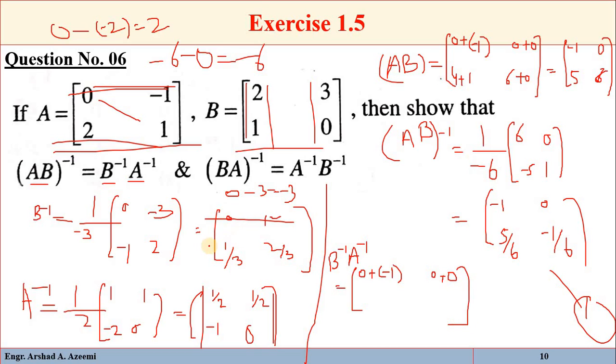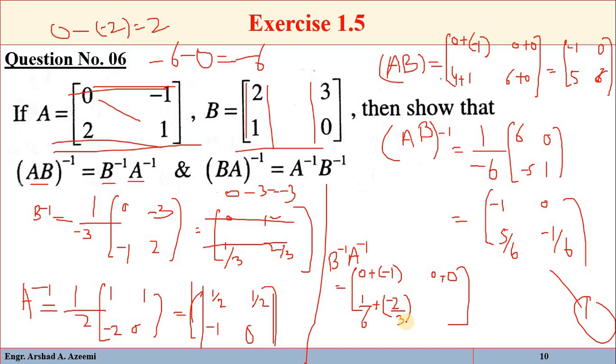Now second row with first column, so 1 over 3 multiplied by 1 over 2, so it is 1 over 6, plus 2 by 3 multiplied by minus 1, so it will be minus 2 by 3.